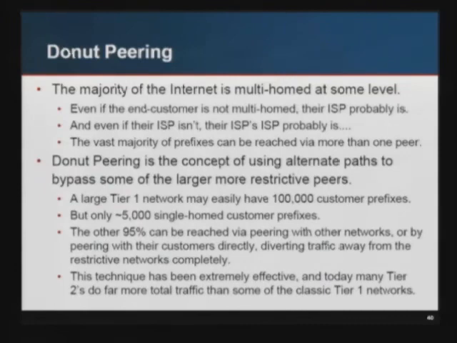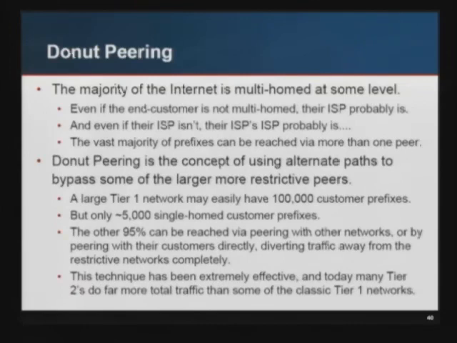So for example, most of the Tier 1 networks have 100,000 customer prefixes, but if you actually look at what those prefixes are, typically only around 5% of them are single-homed customers who you have to use that network to reach. The other 95%, you could peer with them directly, you could peer with another one of their transit providers, you could do any number of things to bypass that restrictive Tier 1 or whoever has that restrictive policy.